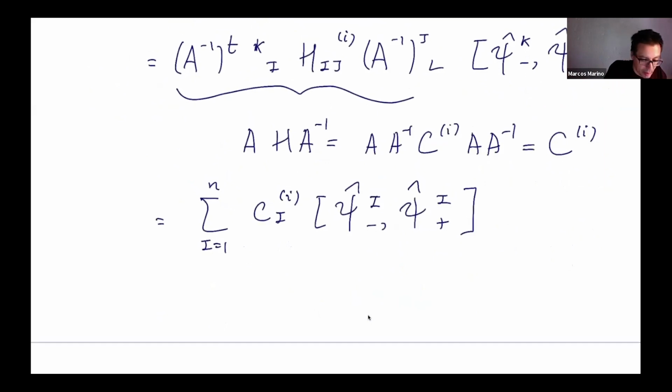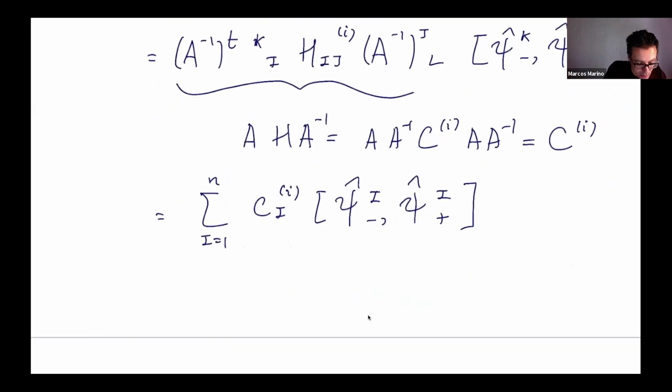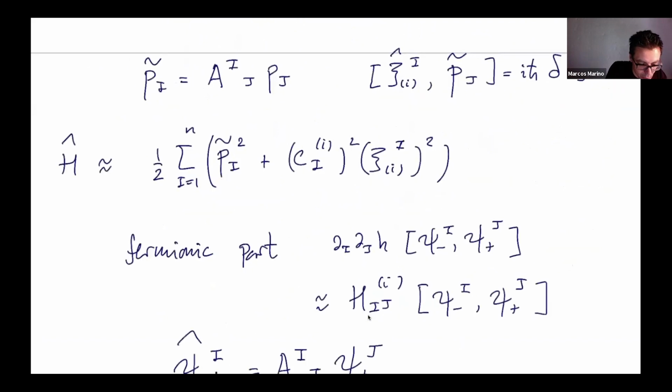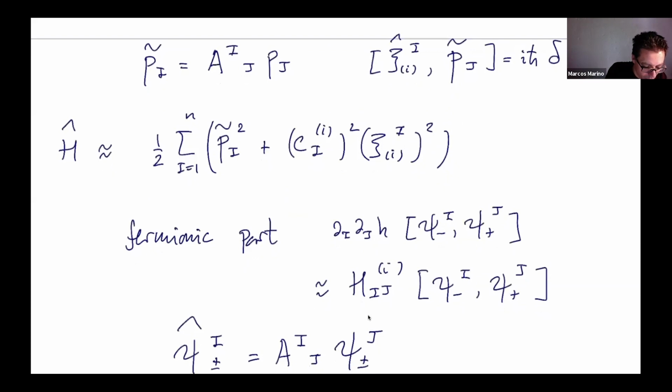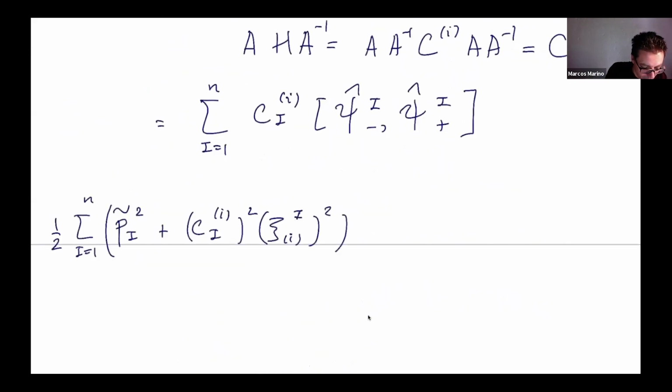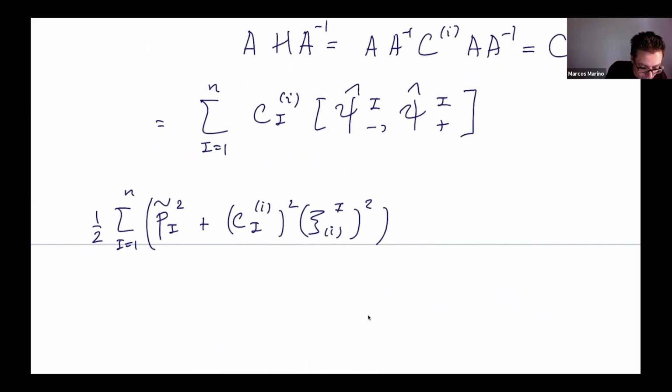So now putting everything together. I have this, the bosonic part of the Hamiltonian, and then I add this thing here.